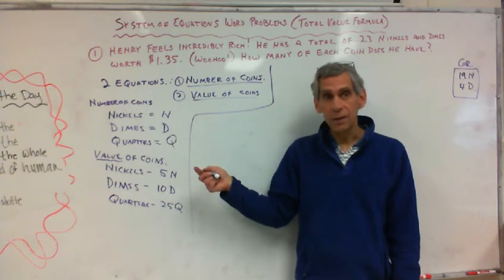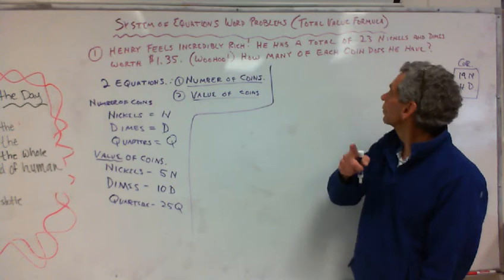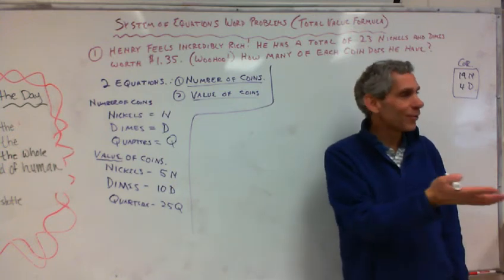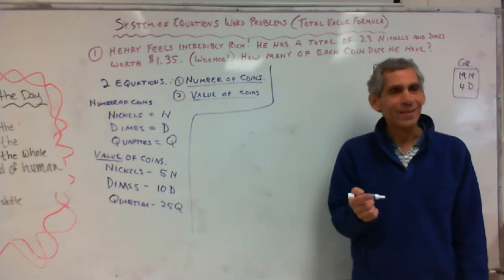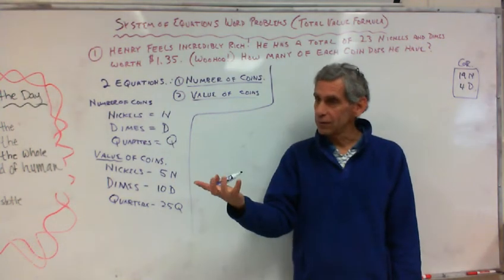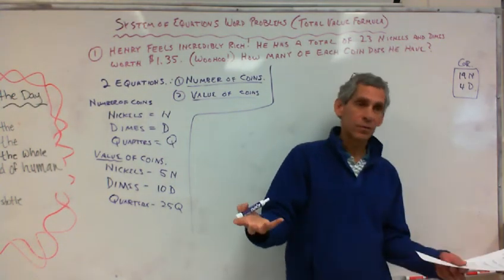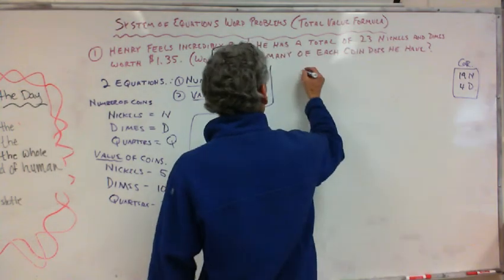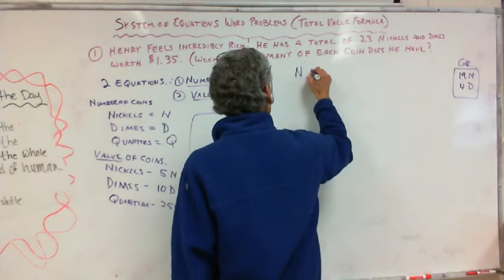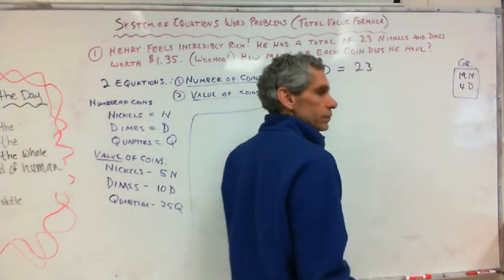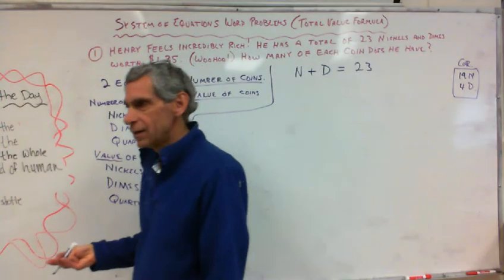N plus D equals 23. Yes, that's it. You were making it way too hard. The number of nickels plus the number of dimes equals 23. So we got N, the number of nickels, plus D, the number of dimes, is equal to 23. That's pretty straightforward, right? Isn't that pretty easy?